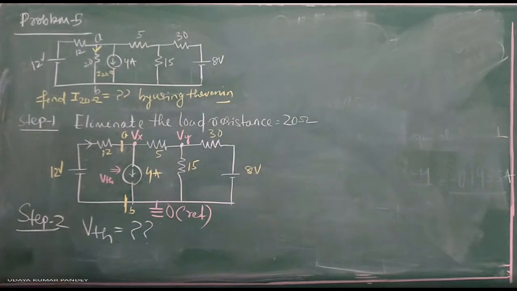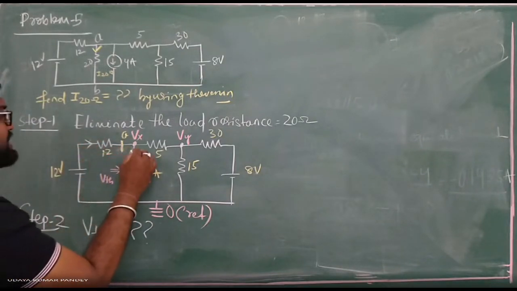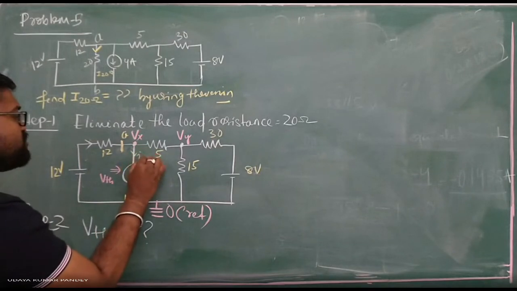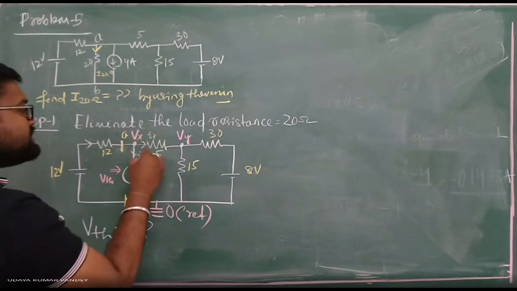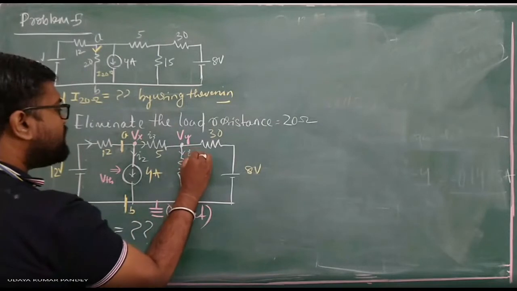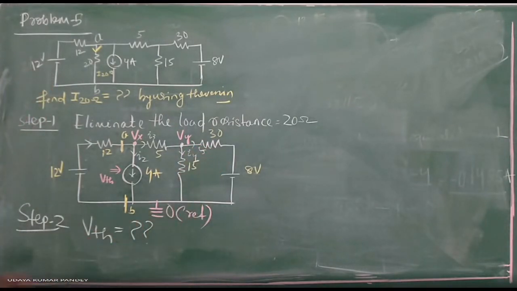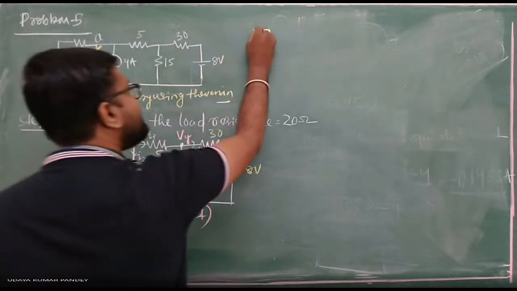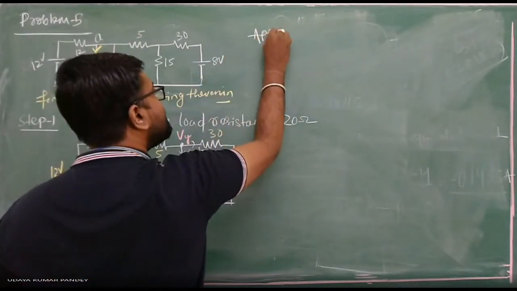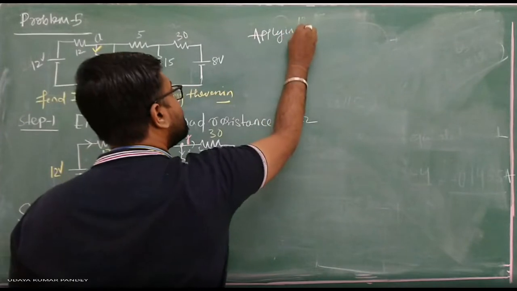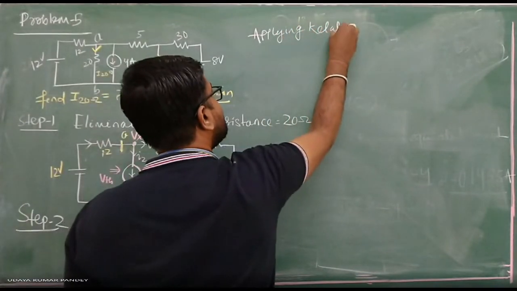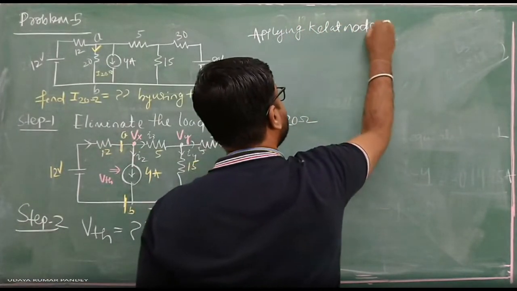Okay, now you can calculate the current. Suppose here current is flowing I1, and at this point the current is divided. This is your I2 and I3. Then again this is your I4 and I5. Like this you have to calculate it. Then first applying KCL at node Vx.